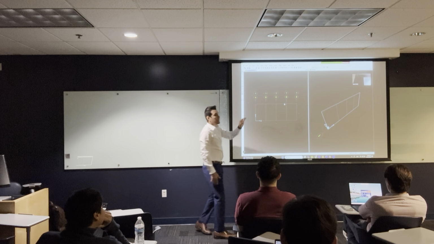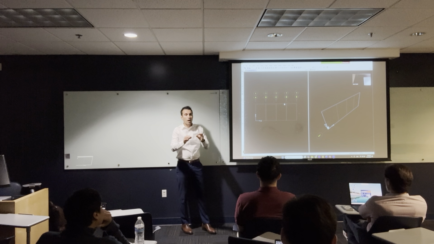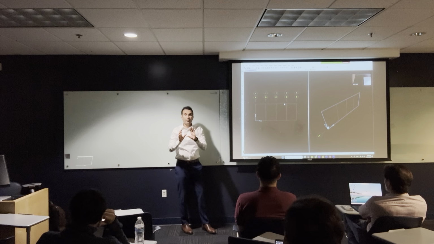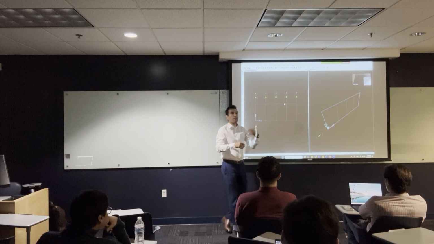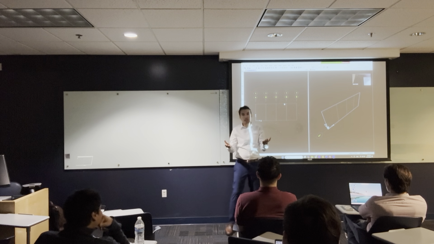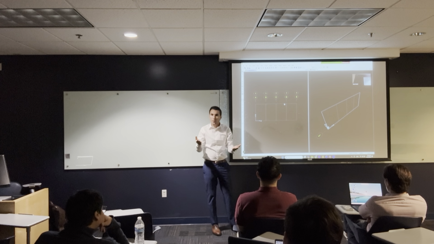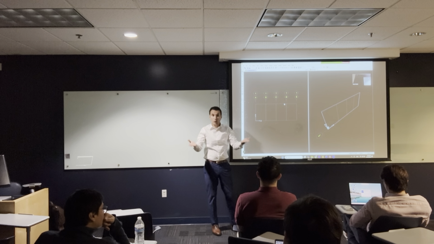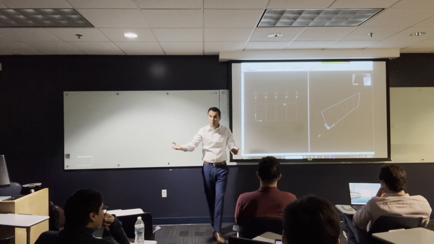As I said last time, or last week, we have multiple elements. We have frames, we have shell, we have blade, we have membrane, but mainly what we are going to use in our career is frame and shell. If it's a beam, it's going to be frame. If it's a slab or a wall, it's going to be shell. So either one of these two, frame or shell.